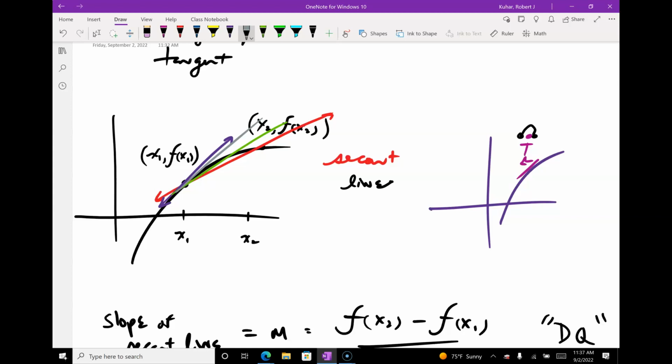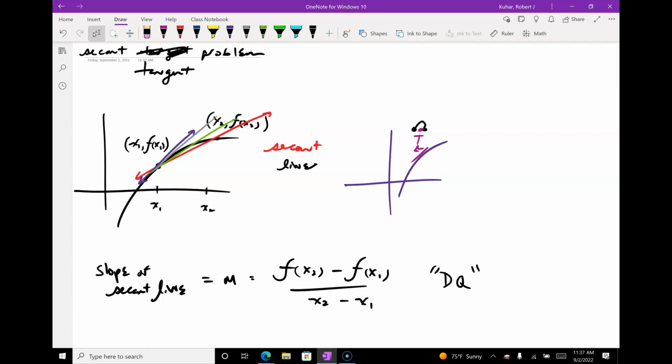It's becoming x sub 1. Right? But when x sub 2 becomes x sub 1, I'm going to have a 0 over 0. What did we do when we had a 0 over 0? Found a replacement function. Right?